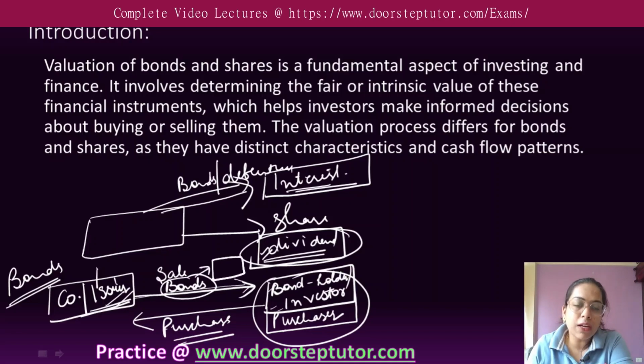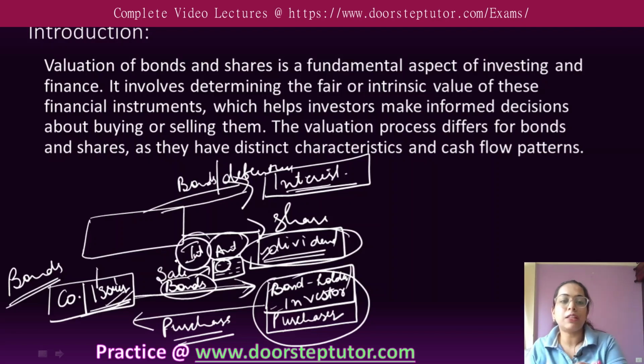It is a document which represents all the terms of sale: the amount of bonds, the rate of interest on the bonds, that the company will pay this much interest, the quantity of bonds, the terms of bonds, that is, the time period for which the company is issuing bonds. Everything is mentioned.